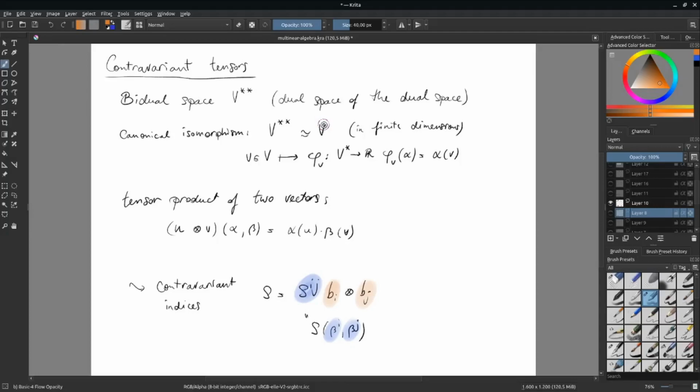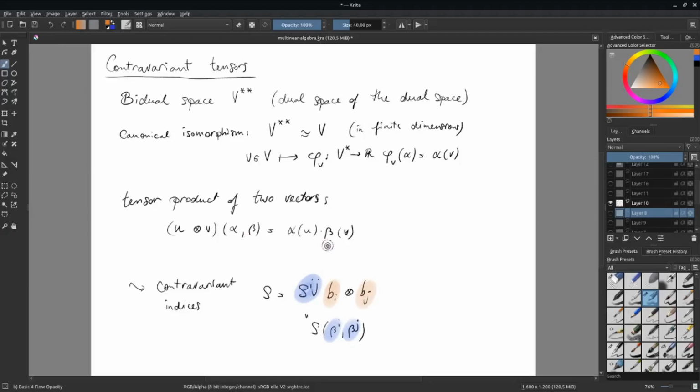I can also do this tensor construction for those, and so I can define my tensor product of two vectors u and v, applied to my forms alpha and beta, as simply alpha applied to u times beta applied to v.